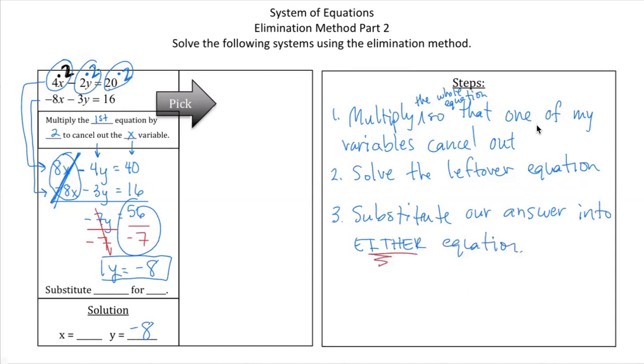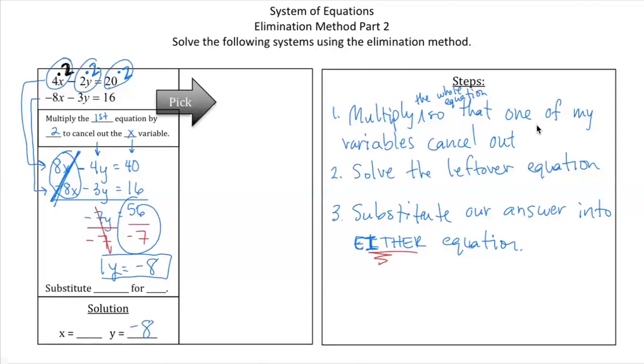Either one, doesn't matter which one. You get to pick. Substitute your answer into either equation. You can pick. There are easier ones and harder ones. So obviously, if it doesn't matter which equation, I would pick the easier one. So if we look here, I think the top one's probably the easiest.